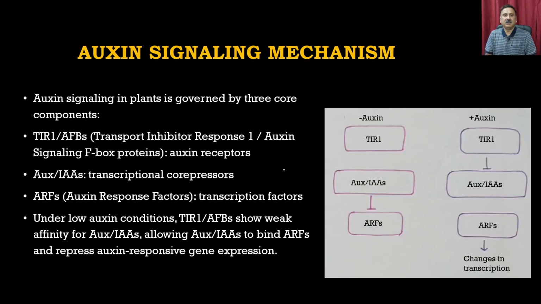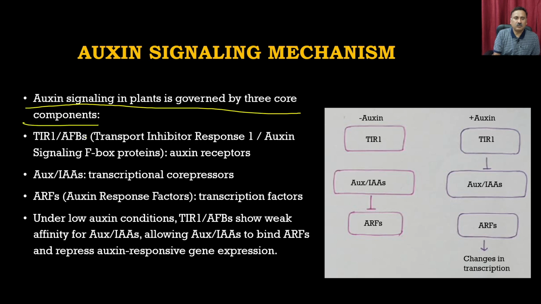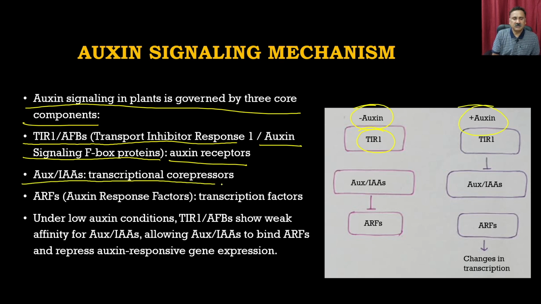Now, how does auxin signaling work? Auxin signaling in plants is governed by three core components: TIR1 or AFB, the transport inhibitor response protein 1, or the auxin signaling F-box protein, which is the auxin receptor; then the Aux/IAA transcriptional co-repressors; and the ARFs, auxin response factors, the transcription factors.